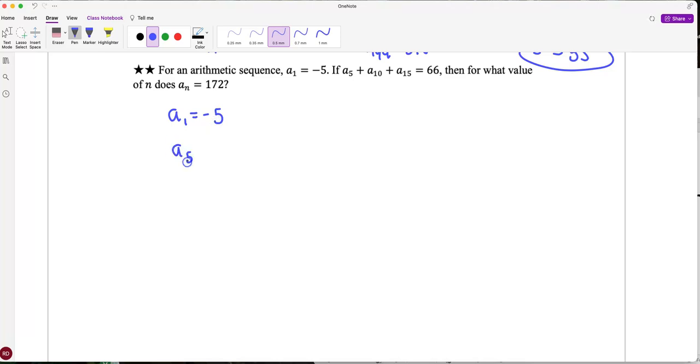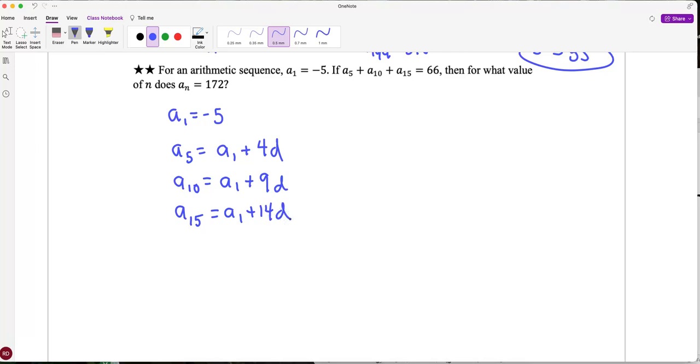A5 is going to be A1 plus 4 times the common difference. A10 is A1 plus 9 times the common difference. A15 is A1 plus 14 times the common difference.